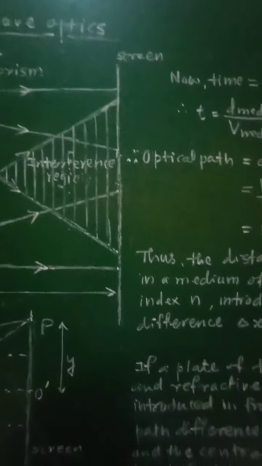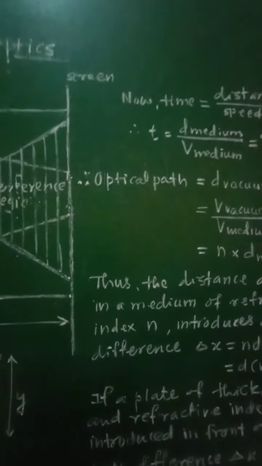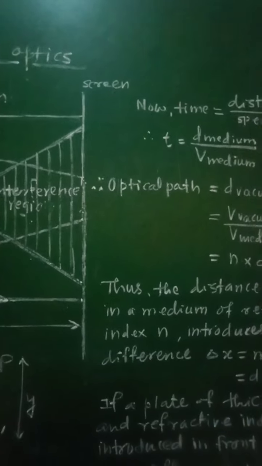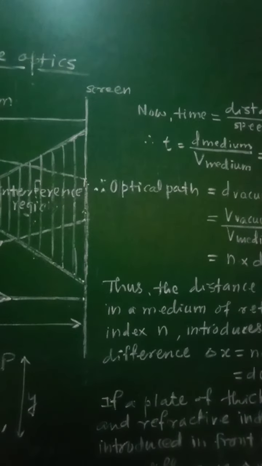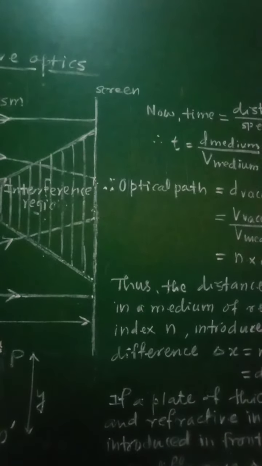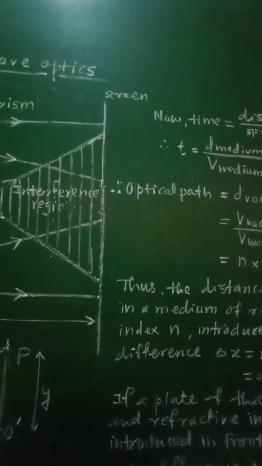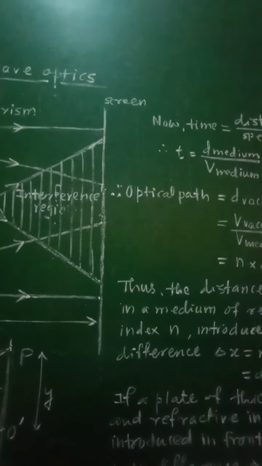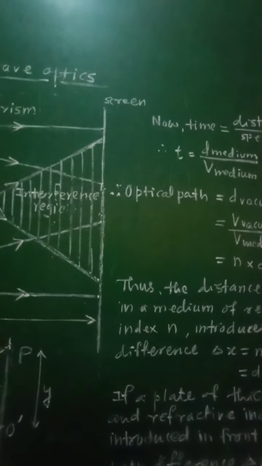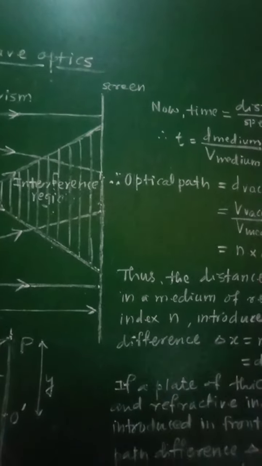Now let us see the optical path. The optical path in a medium can be defined as the corresponding path in vacuum that the light travels in the same time as it takes in the given medium.